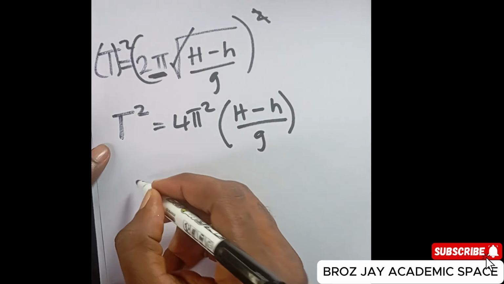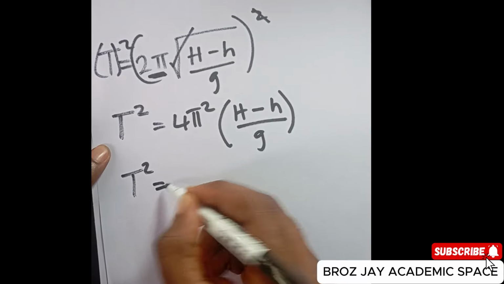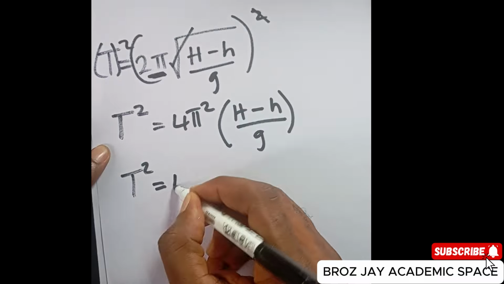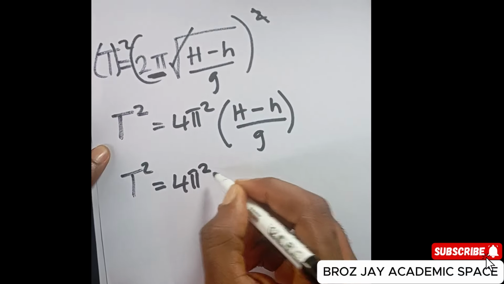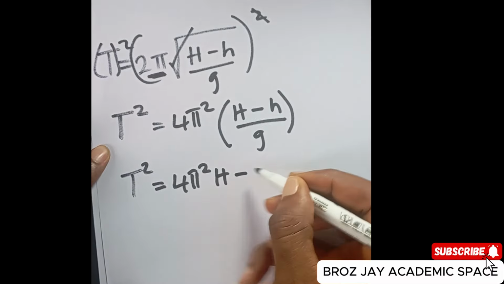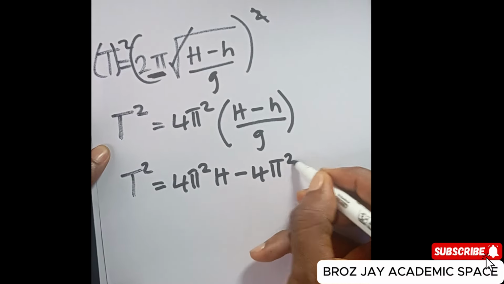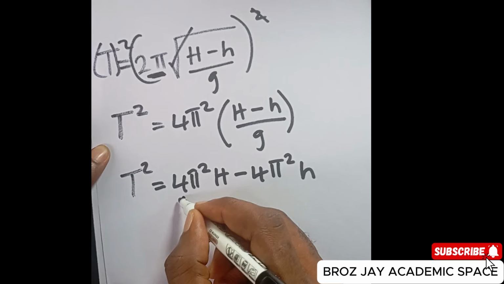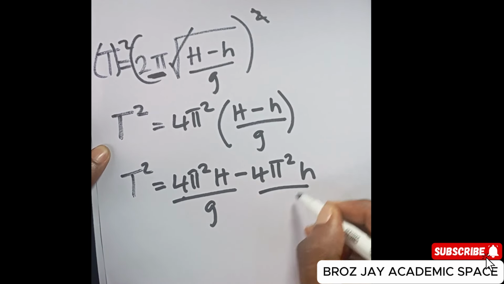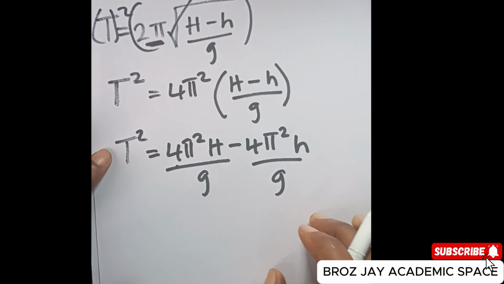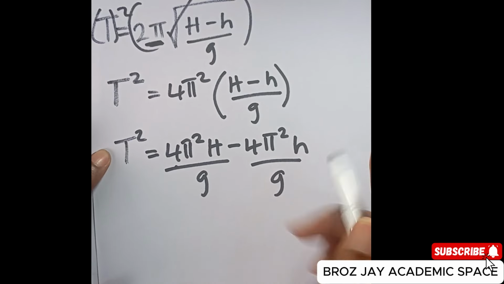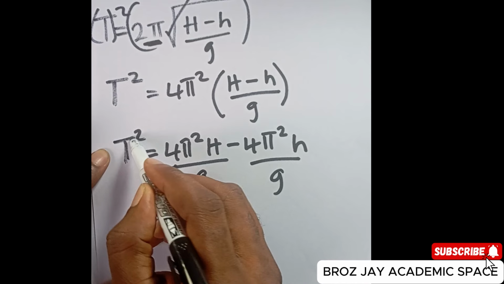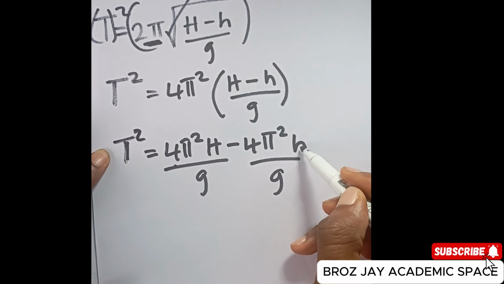So therefore, let's open up this bracket. We'll have t square is equal to 4 pi square capital H minus 4 pi square small letter h all over g. Now looking at this, it was a graph of t square against h.